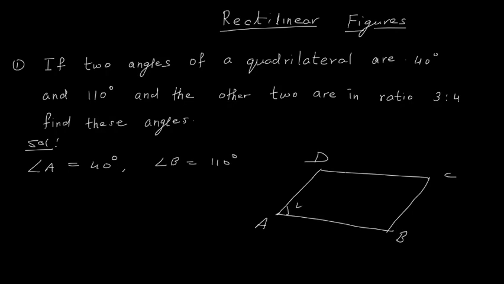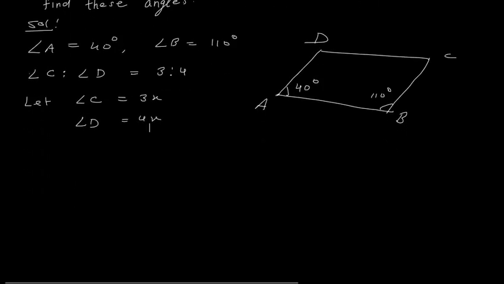And we have given the ratio of the other two angles, that is angle C ratio angle D is given 3 ratio 4. So I will consider, let angle C be 3x and angle D be 4x. I have to find this angle C and D.